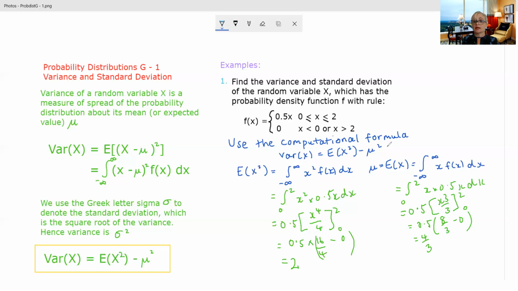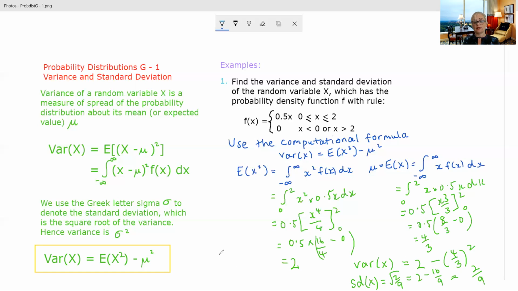Now, when we sub it into here, what we're going to get is the variance of x is going to be 2 minus our 4/3 squared, which is 2 minus 16 on 9, which of course is 2/9.